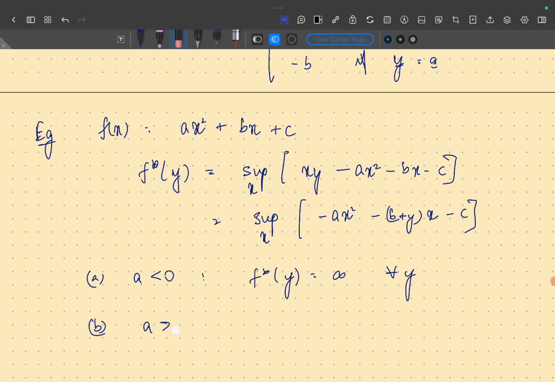This is the third case. What if a is equal to 0? Then you again end up with a linear function. Then what you said makes sense. It's only when y is equal to minus b that this quantity is finite.